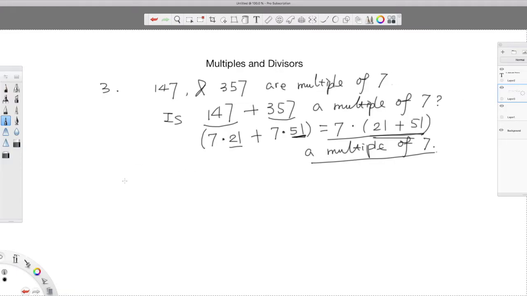Similarly, let's think about problem number 4. For problem number 3, we can just skip it and you can work on it. So this is problem A of problem 4. Problem B of problem 4 is, I know that 357 is a multiple of 7. So 356 is not a multiple of 7.